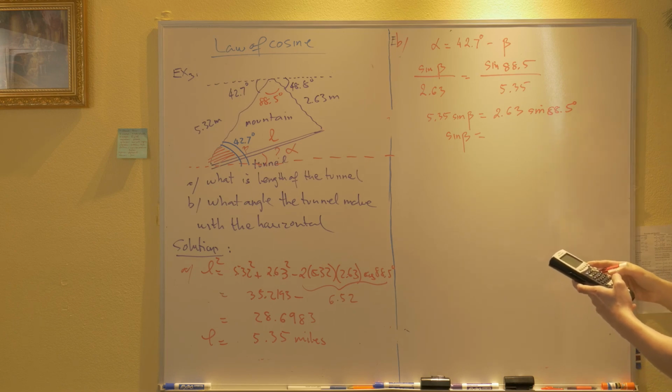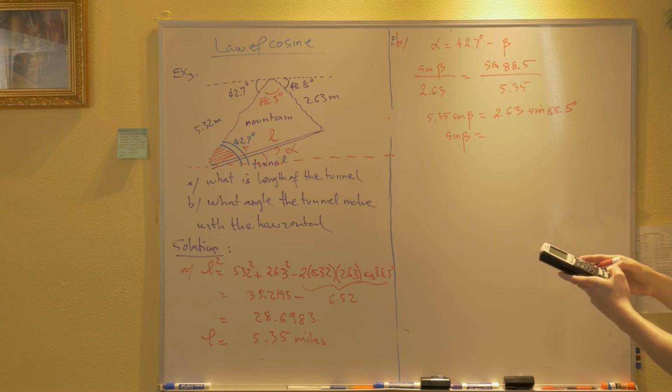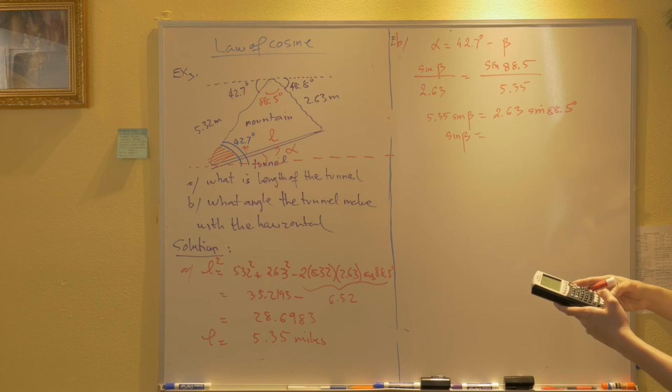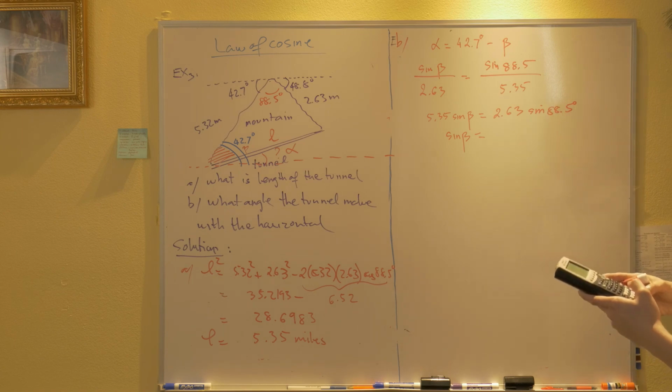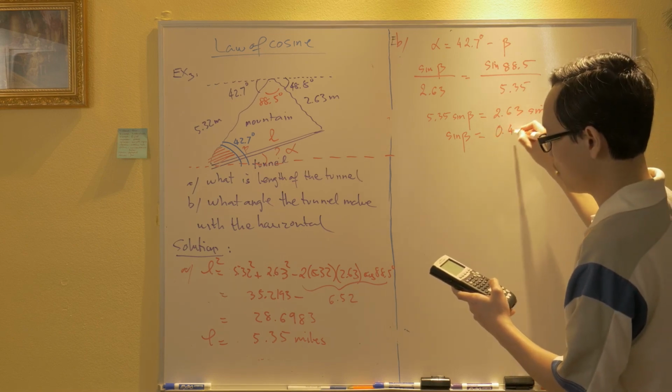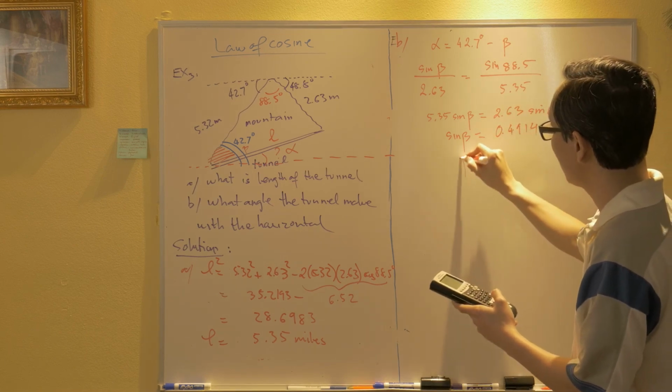You put everything into the calculator: 2.63 times sine of 88.5 degrees, divided by 5.35, gives you 0.4914, and then you take the inverse.